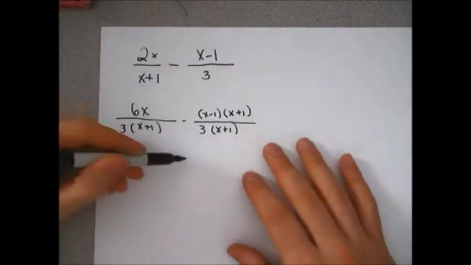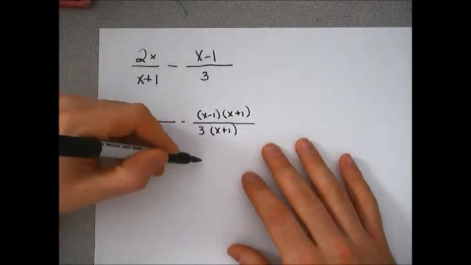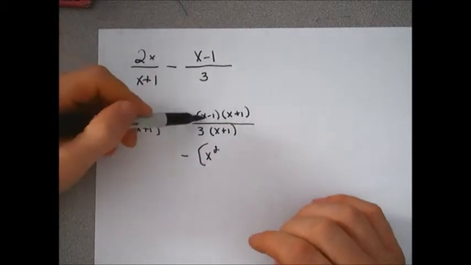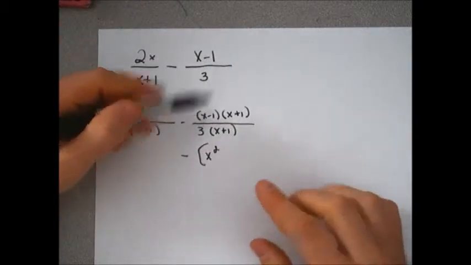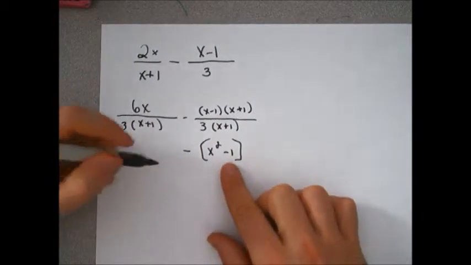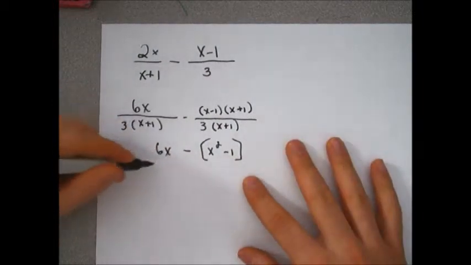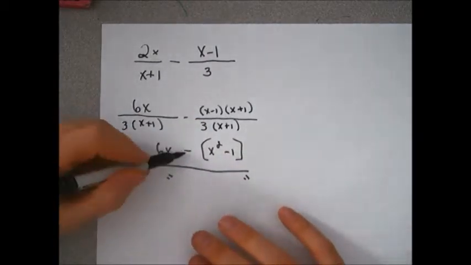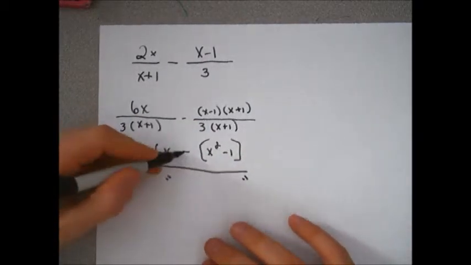So on the right side here, we need to FOIL this. What are we subtracting? We're really subtracting the quantity of x squared, then plus 1x minus 1x, which is going to cancel, and then we're just left with minus 1. So this is 6x minus this quantity all over our bottom. And when I subtract this quantity, I distribute this negative symbol.